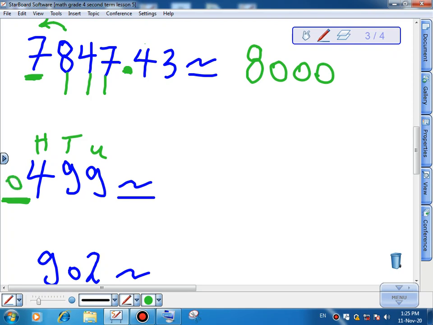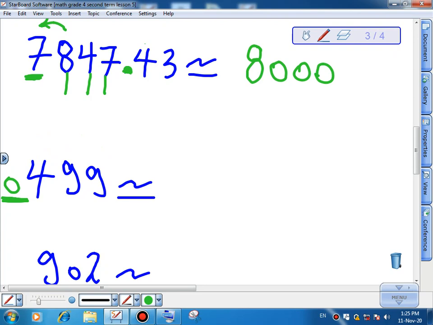I see that 0 on the left side, and I know a 0 on the left side is not important. If the number is in this shape, it will still be 499 as it is. So I need to approximate to the nearest thousand, but I don't have a thousand place, so we put a 0 and underline it, as we do in the other examples.